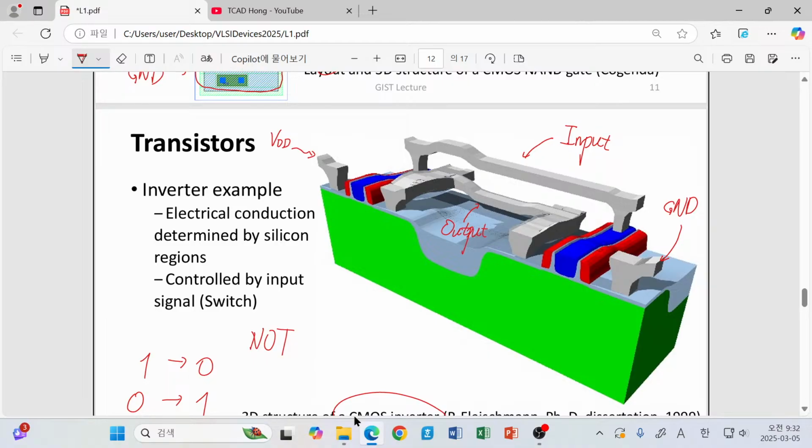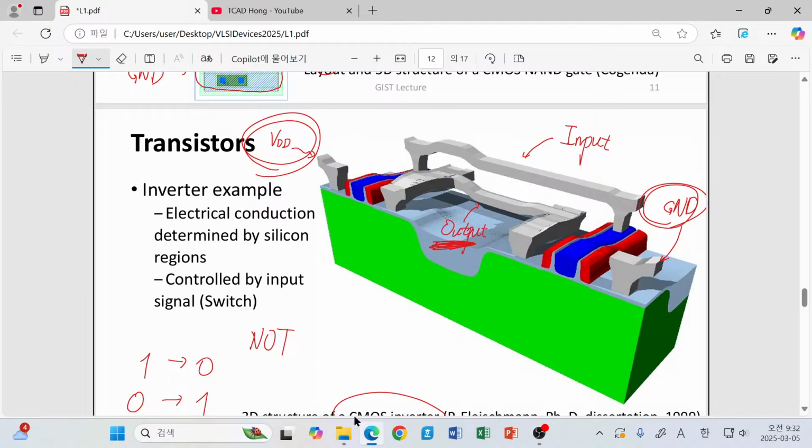Now the situation is quite clear. Here we have two given voltages, and what we want to do is just to select the voltage of this output metal. Then how can we select or set the voltage of this output metal?